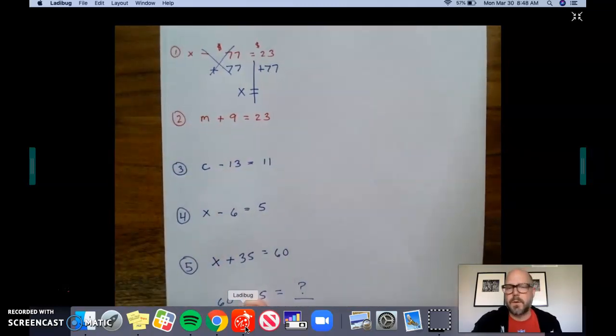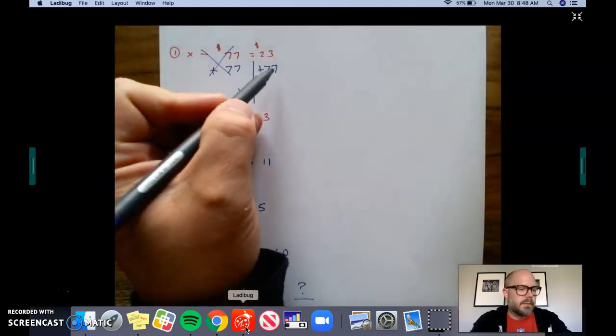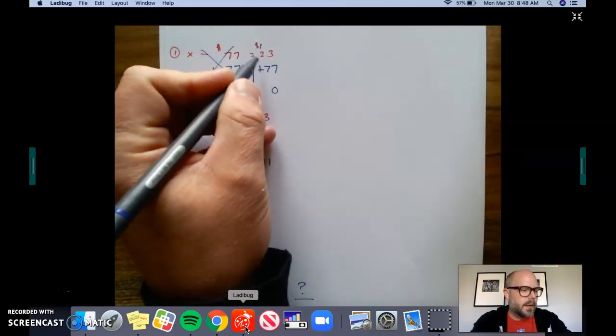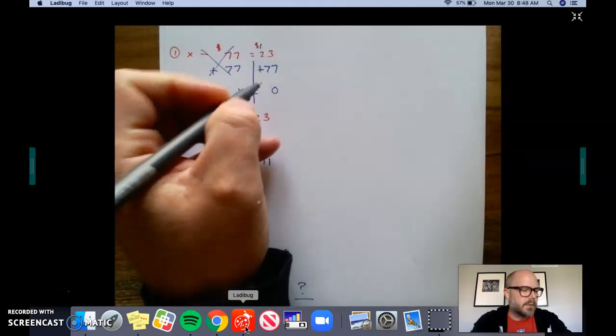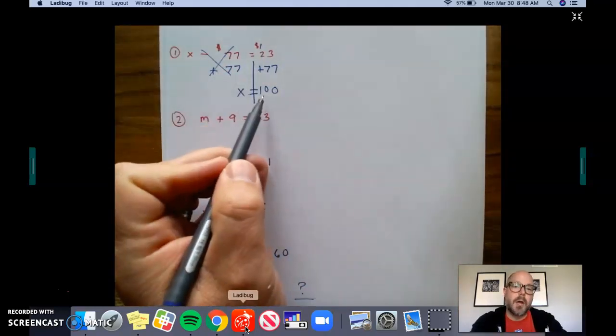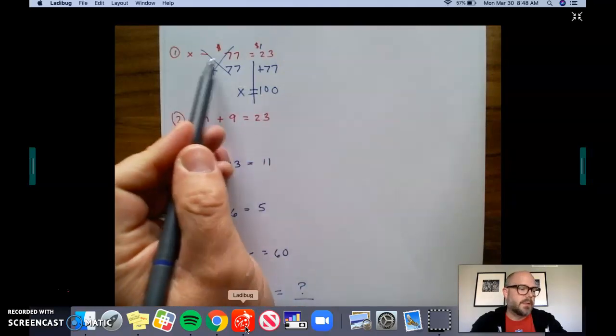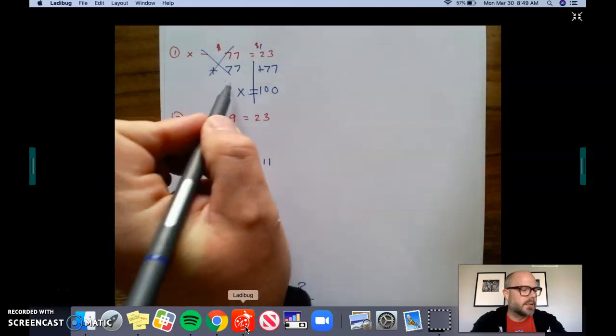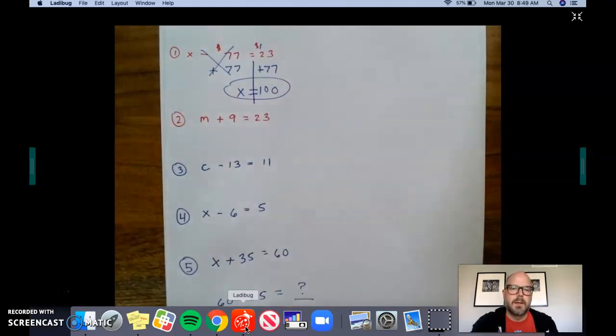If not, you can use a phone or the calculator on your computer. But 7 plus 3 is 10. Carry the 1. And 7 plus 2 is 9 plus 1 is 10, so 100. Okay, so that means he started with $100, spent $77, and got change for 23. Okay, this is our final answer.